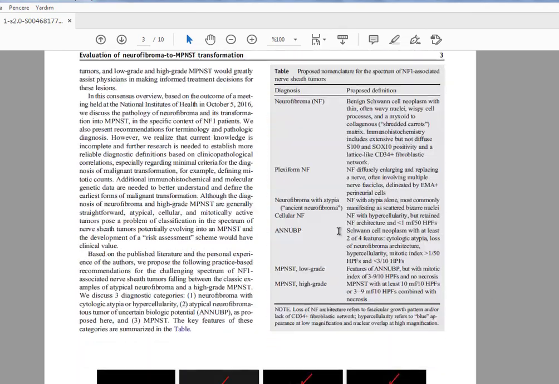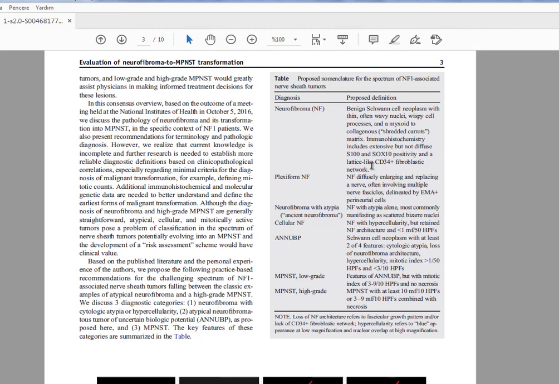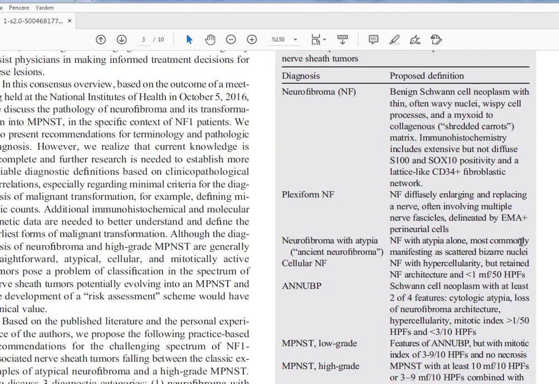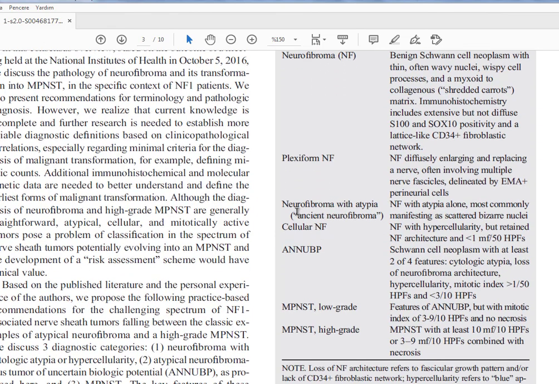So this is the classification here. We have neurofibroma and plexiform neurofibroma, and we have the ancient neurofibroma. If you have scattered bizarre nuclei without mitosis or necrosis, you can call it ancient neurofibroma, or neurofibroma with atypia, like ancient schwannoma. Or if you have only hypercellularity, you can call this cellular neurofibroma.